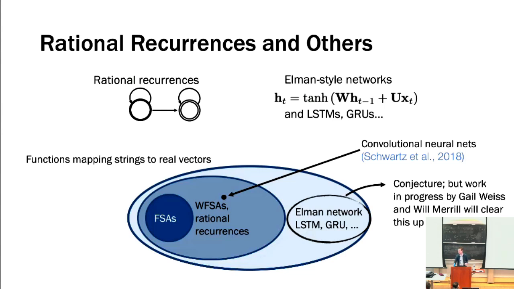Yeah, please. What makes it not rational if the computation takes more than one? So essentially what you're getting when you have finite state machines is sort of finite memory, right?